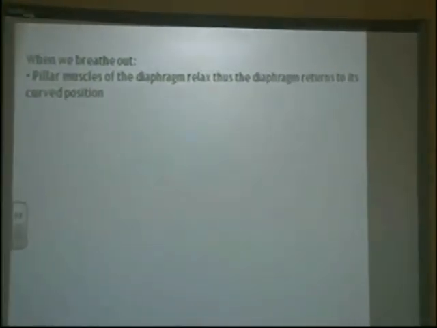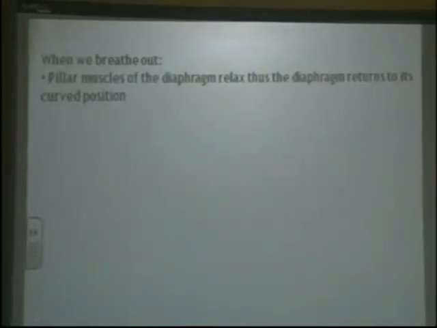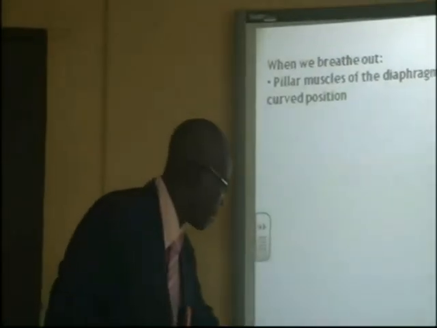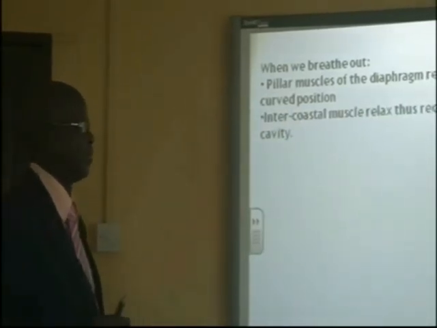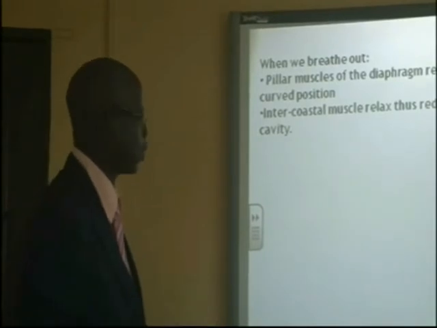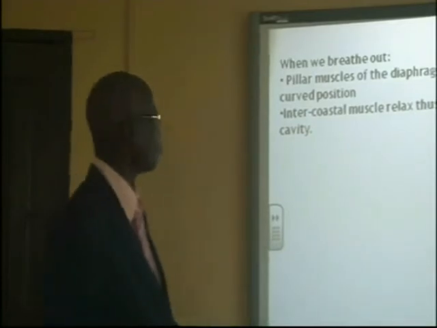Thus, the diaphragm returns to its curved position, the C-shaped position. And then the second thing that happens is that the intercostal muscles relax, thus reducing the volume of the thoracic cavity, as I've shown before in the diagram.